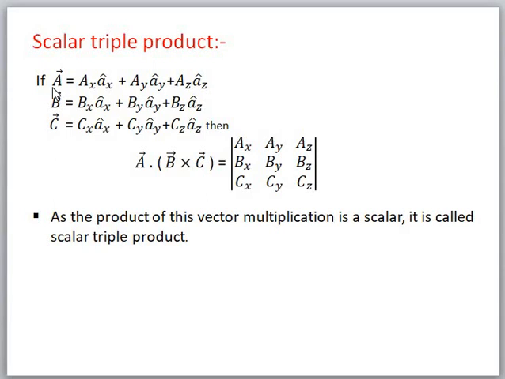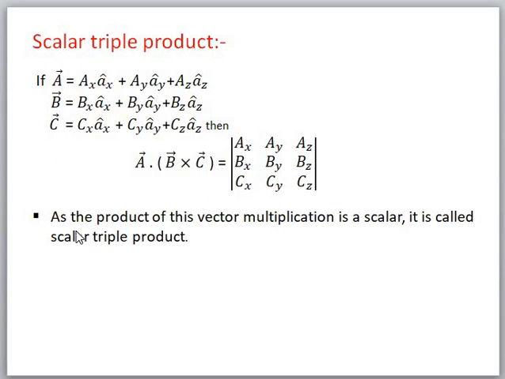If the given vector A is equal to ax ax cap plus ay ay cap plus az az cap, and the next vector b is equal to bx ax cap plus by ay cap plus bz az cap, and the next vector c is equal to cx ax cap plus cy ay cap plus cz az cap, then the scalar triple product a dot in bracket vector b cross vector c is found using the 3 cross 3 matrix (determinant) method.